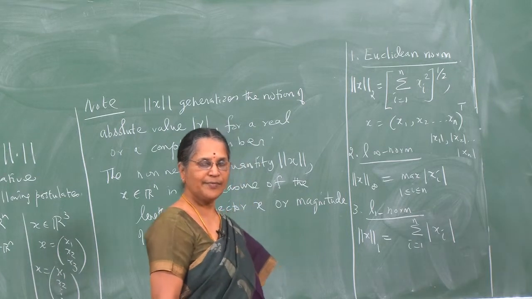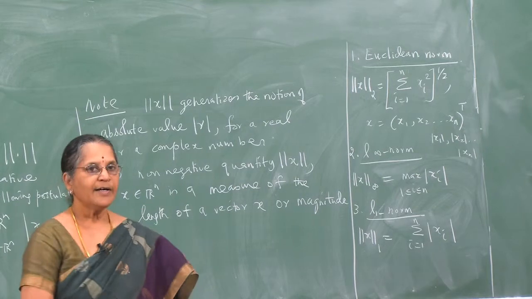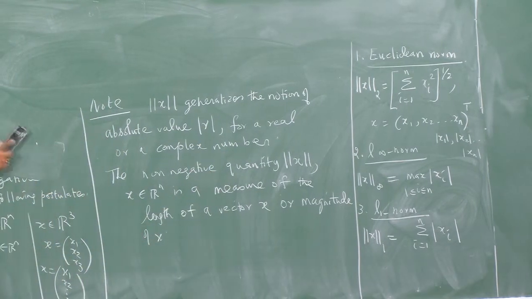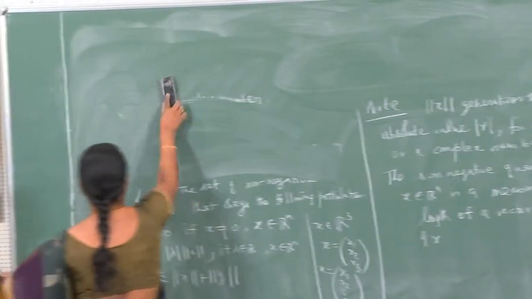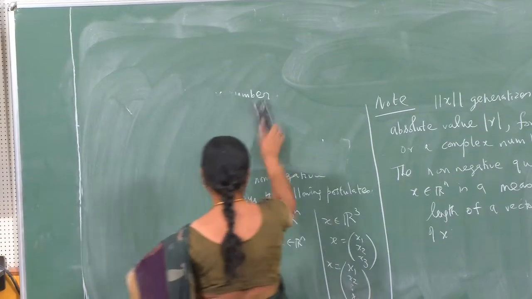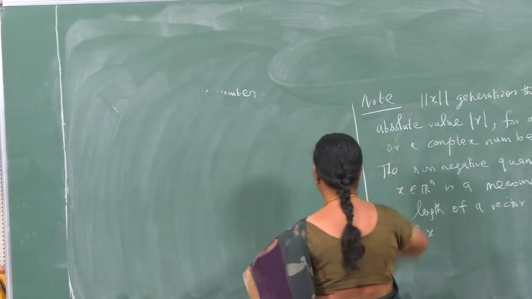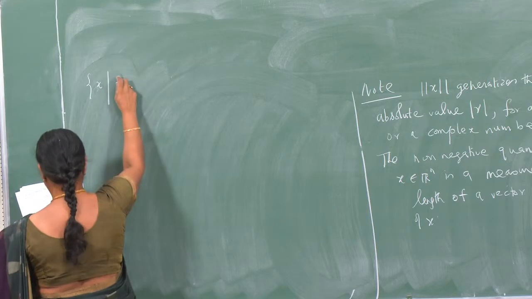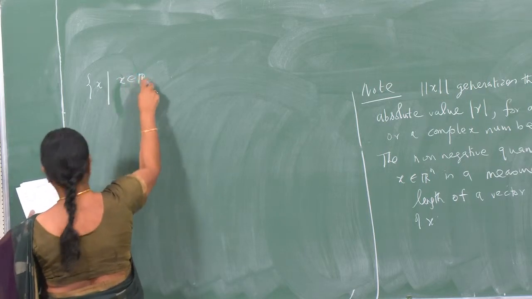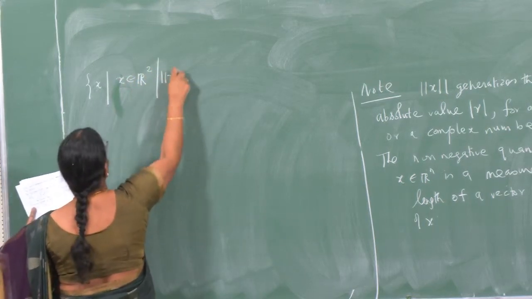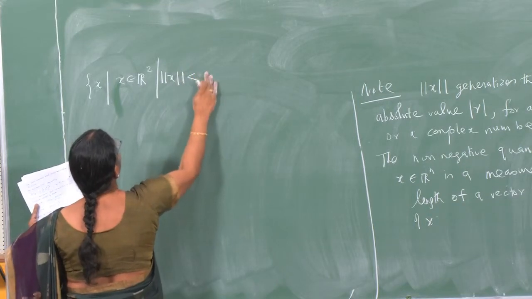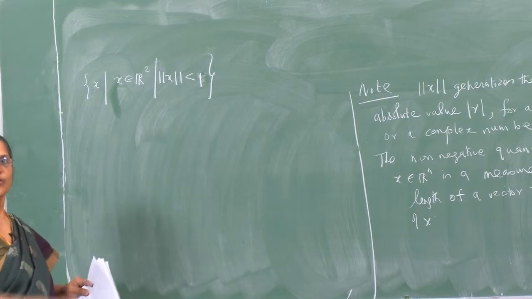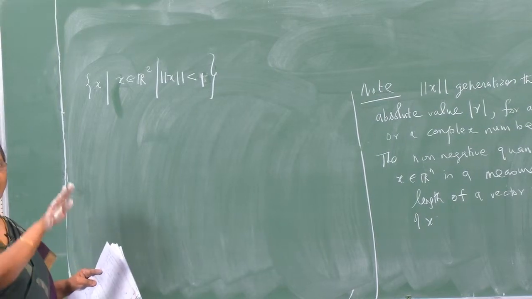Is it clear now? So, let us try to understand the notion of norm by taking the following set and trying to sketch that set in R2. A set of all x such that x belongs to R2, and I want the set to consist of all those points x in R2.